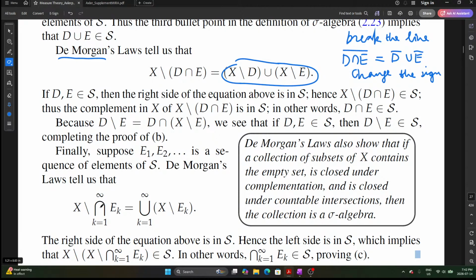It says the complement of a countable intersection is a countable union of complements. In fact, the countability here is not even necessary. You can easily swap that to arbitrary union, arbitrary intersection.